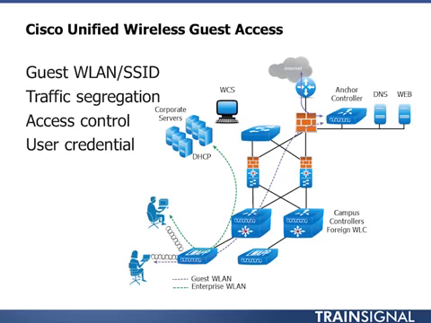And you're doing a layer 2 tunnel for all of your guest traffic. So you tunnel your traffic to the anchor controller, and then you do guest authentication using a web portal, which is shown here on the top right as well.